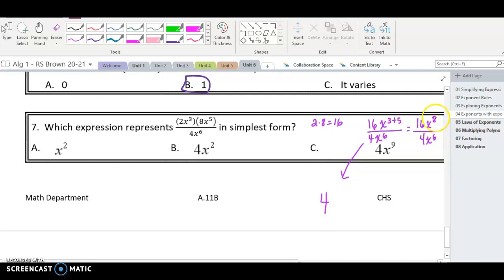All right, so I have x to the 8th minus x to the 6th, right? So 8 minus 6. All right, so 8 minus 6 is 2. So my answer is going to be B, 4x squared.